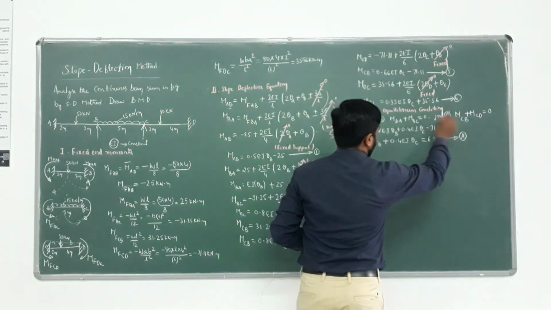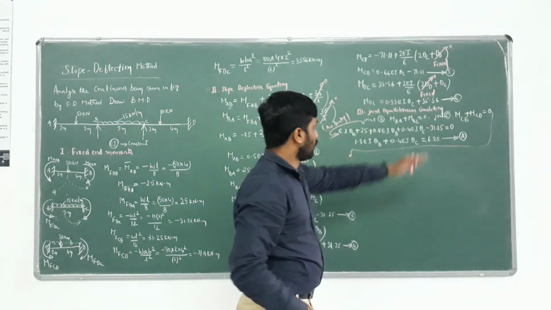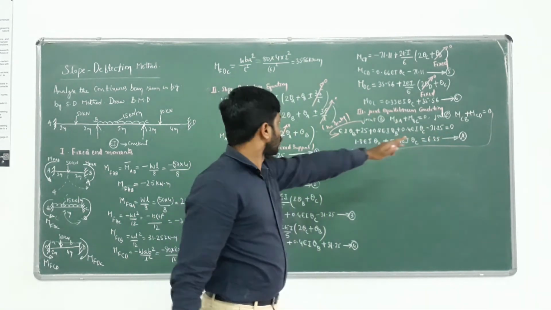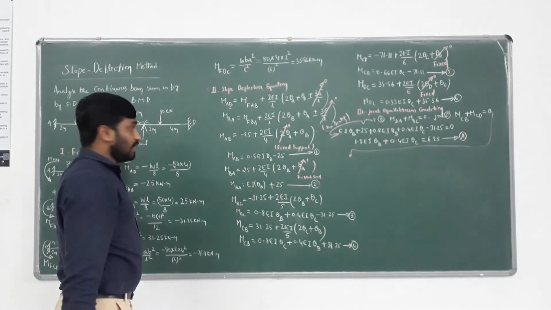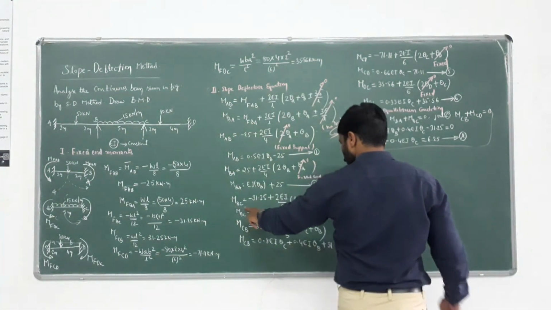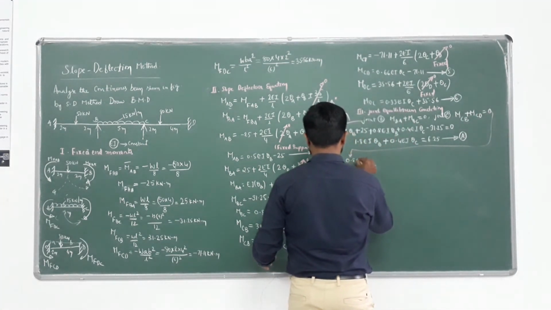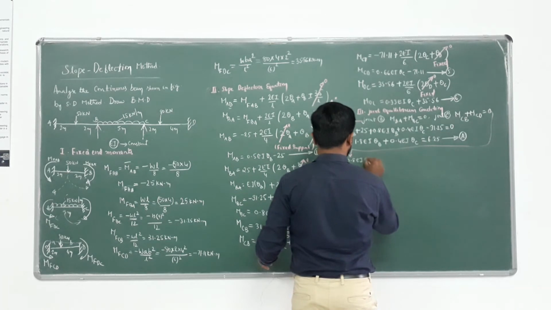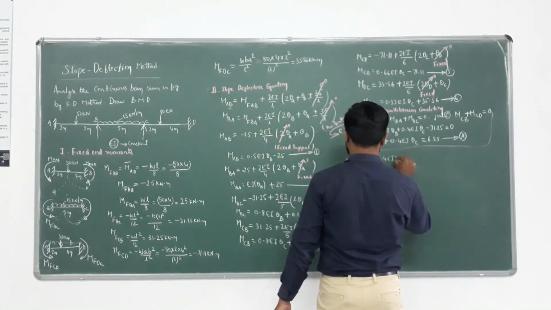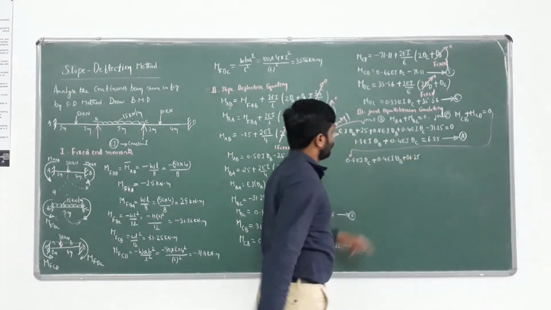Next, I am using the joint equilibrium condition at joint C. What is joint C? Joint C is MCB plus MCD. What is the value of MCB? 0.8 EI theta C plus 0.4 EI theta B plus 31.25, plus CD.